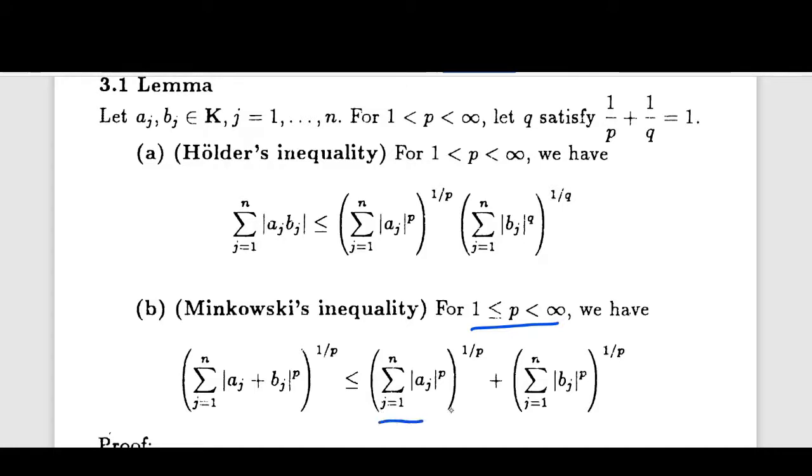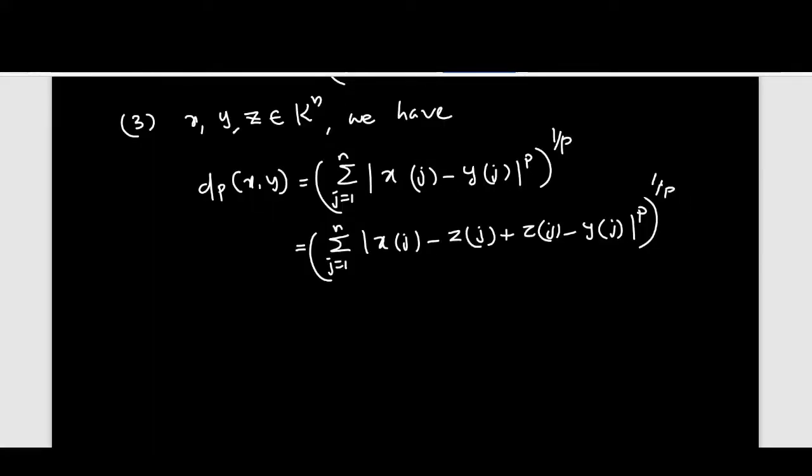We can split like this. So we use this inequality here. In the Minkowski inequality we substitute a_j as x_j minus z_j and b_j as z_j minus y_j.